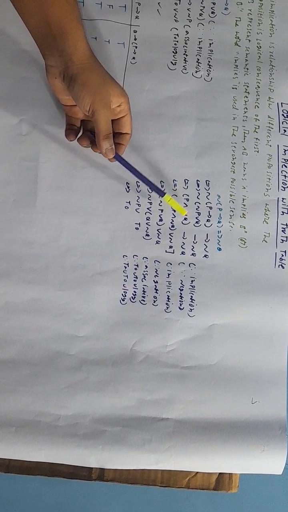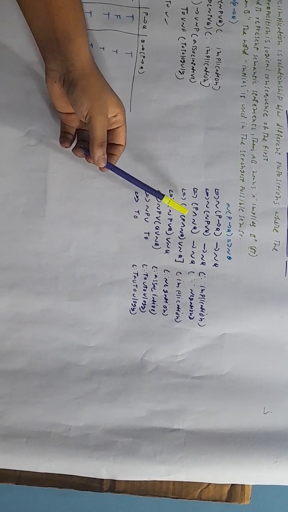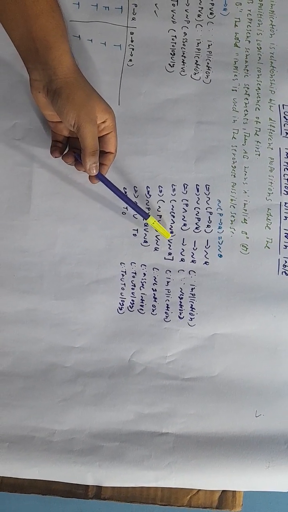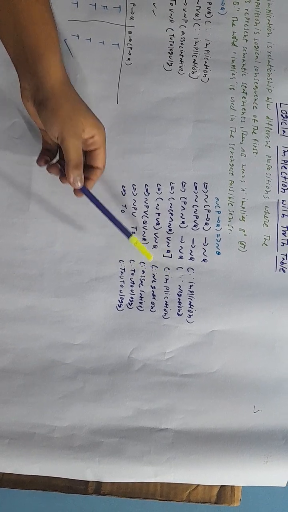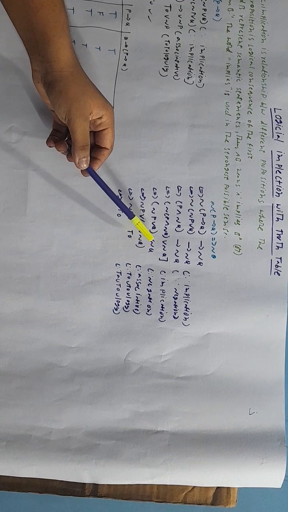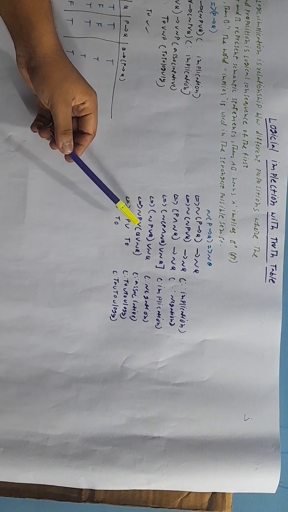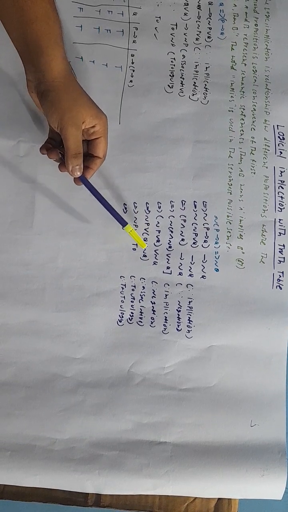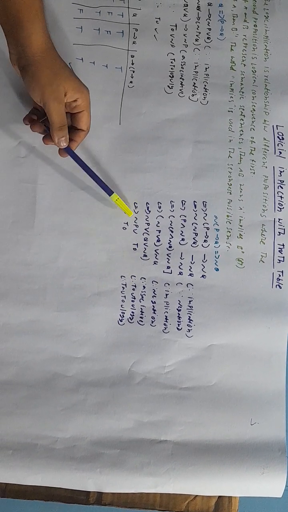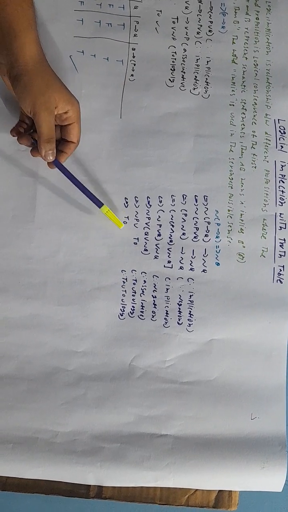P and negation of Q. Negation of P and negation of Q. That's implication. Negation of P or Q implies negation of Q. That is associative. Negation of P or Q, tautology.